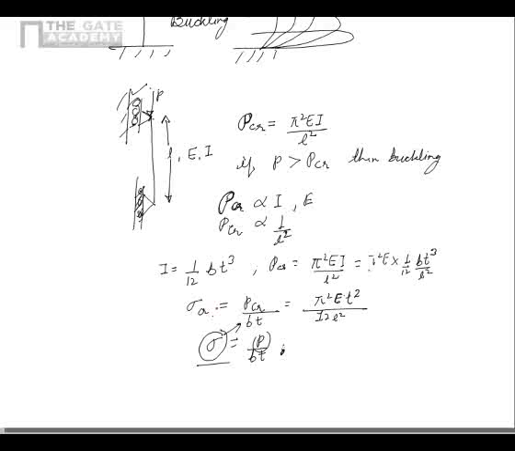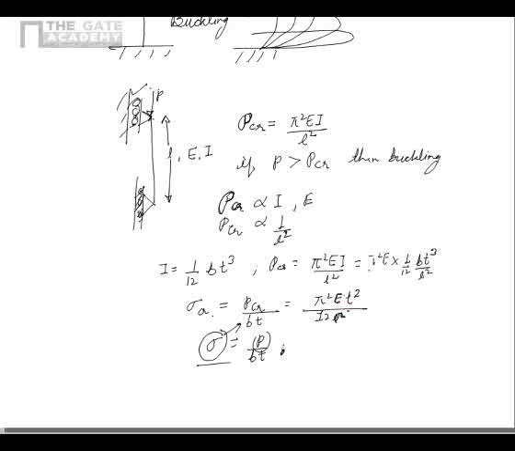So for a small value of P, the buckling stress is very high, and the reason is that it is inversely proportional to L square and directly proportional to T square. Now T is a very small number and its square is much smaller, while L is a very large number and its square is a very much higher number.